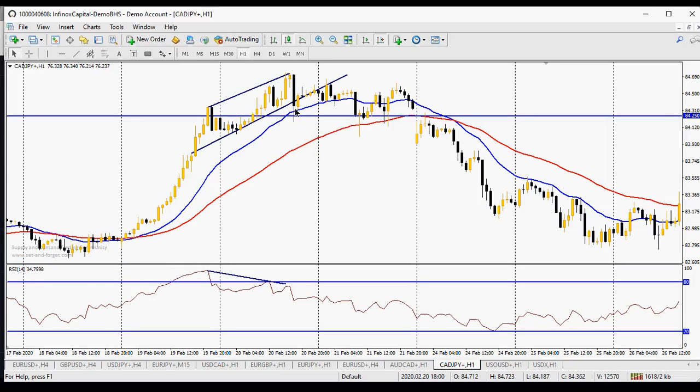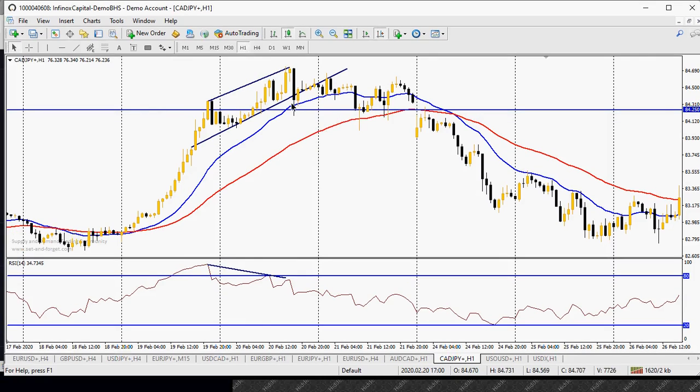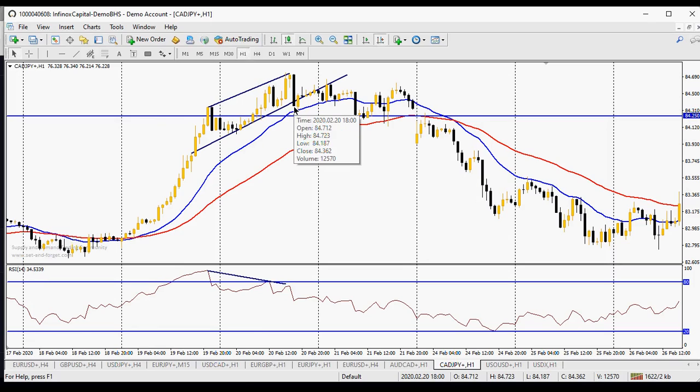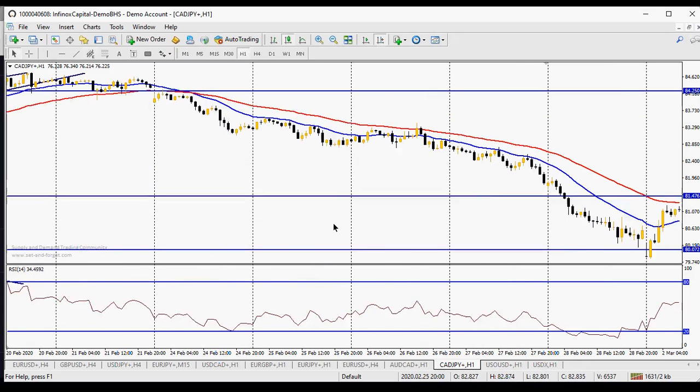Some people enter the market after this engulfing candle. Number one, because there is divergence. Number two, because this bearish engulfing candle is a reversal candlestick. So people enter this market around this place and then put their stop loss above this place. And you can see, even though the market went sideways, they were in profit for a long time. Eventually, it drops.